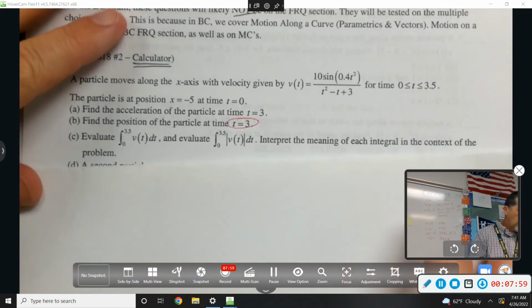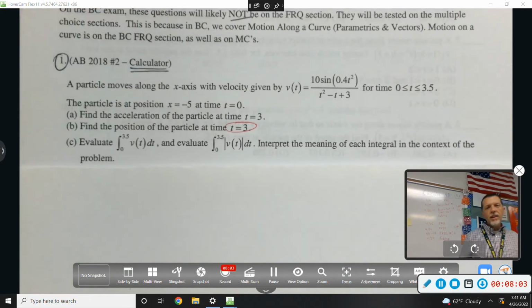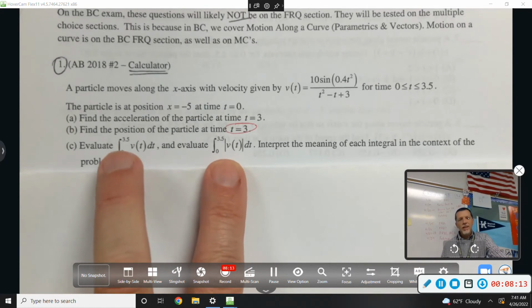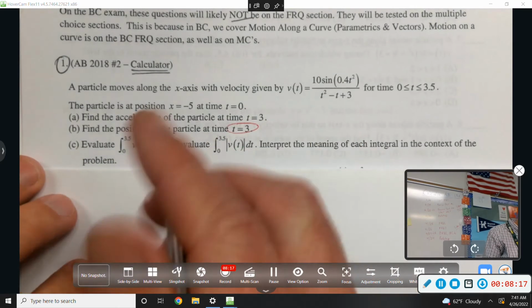Part C. Ooh, we talked about this yesterday. Evaluate those two integrals and interpret the meaning of each integral in the context of the problem. What's the difference between those? One's displacement and one's distance. So first job is just evaluate them.